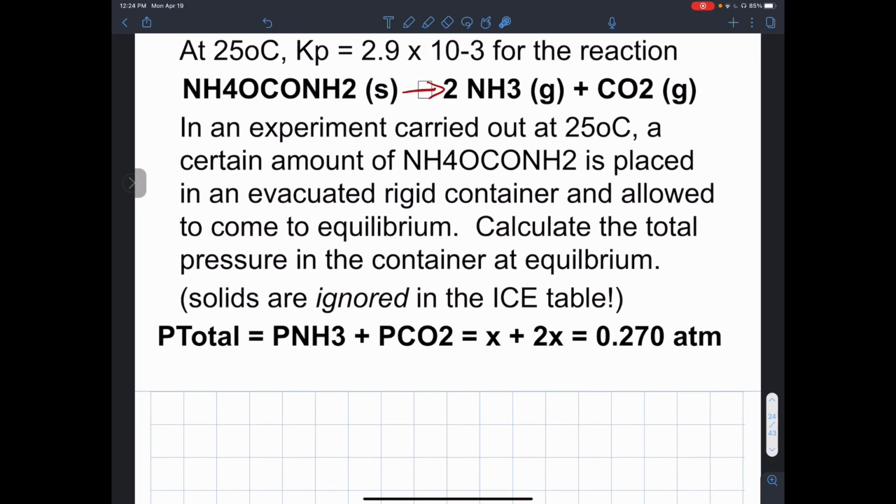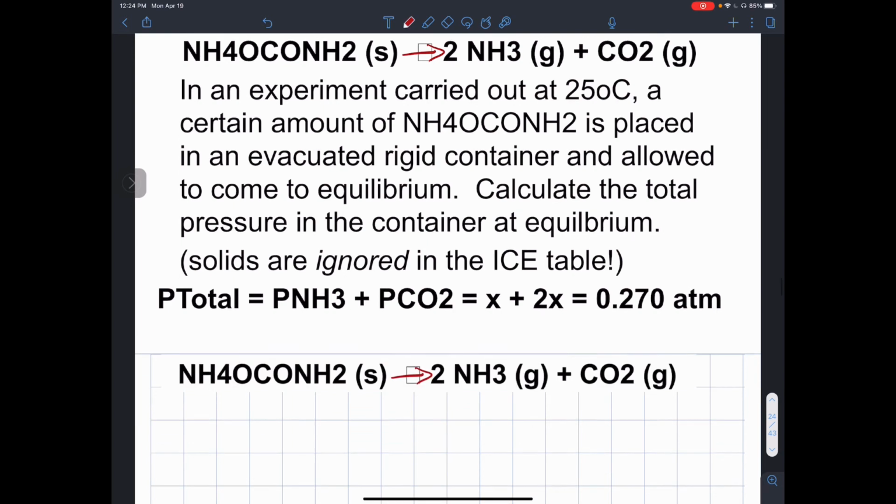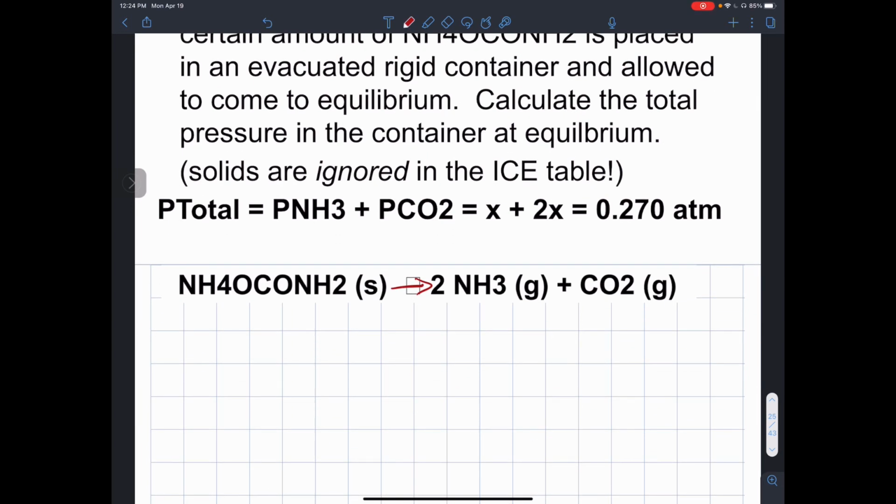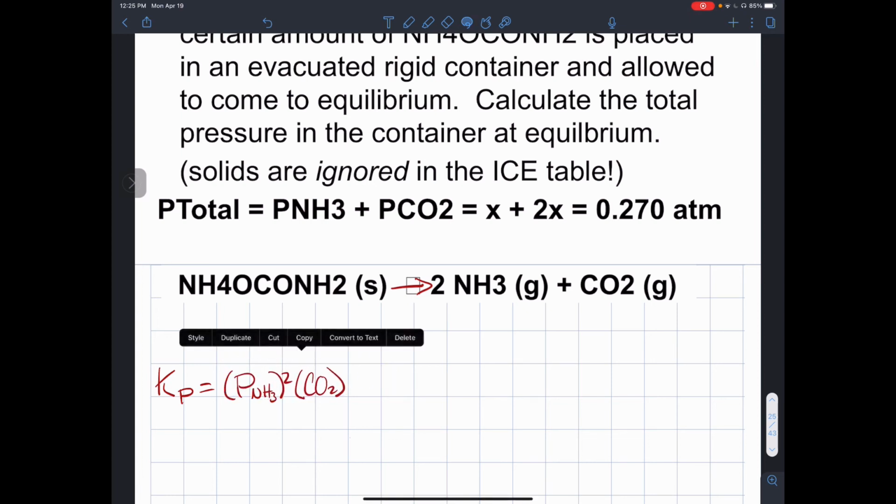And we'll start with our balanced equation. We'll write our equilibrium expression. And remember, solids are not included, so there'll be nothing in the denominator here. That's our equilibrium expression. Then we'll build our ice table.